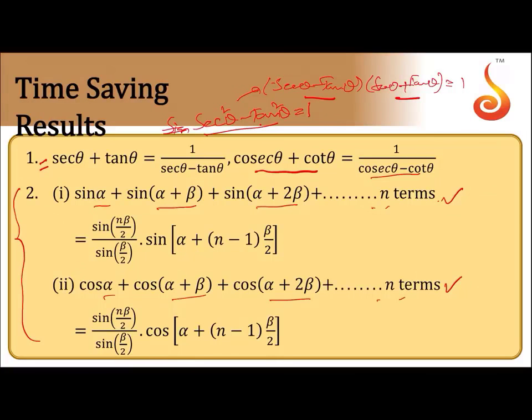For the sine series, the formula is sine of n beta by 2 divided by sine of beta by 2, multiplied by sine of alpha plus (n minus 1) beta by 2. Similarly for the cos series, the formula is sine of n beta by 2 divided by sine of beta by 2, into cos of alpha plus (n minus 1) beta by 2.